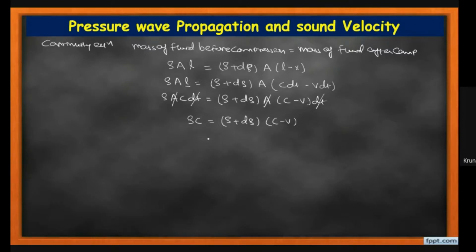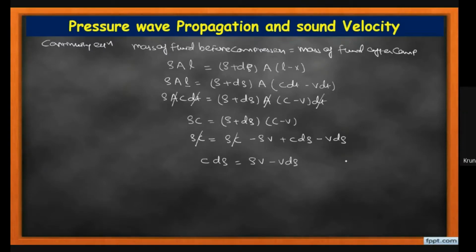Now we remove the bracket, so we get rho c minus rho v plus c into d rho minus v into d rho equals rho c. Now rho c is cancelled out on both sides, and we get c into d rho equals rho into v minus v into d rho.